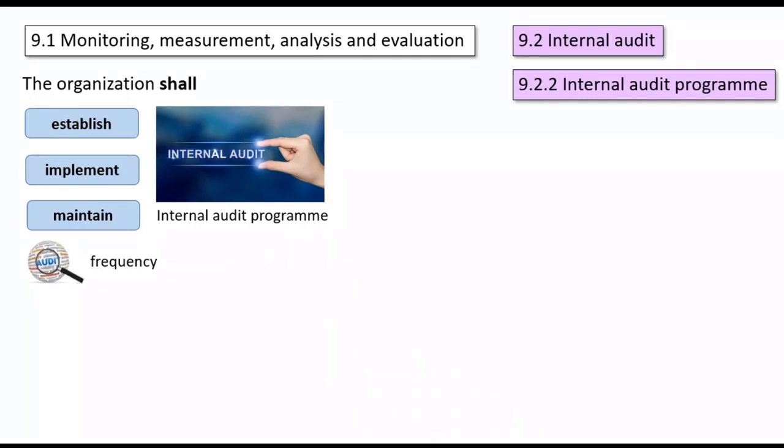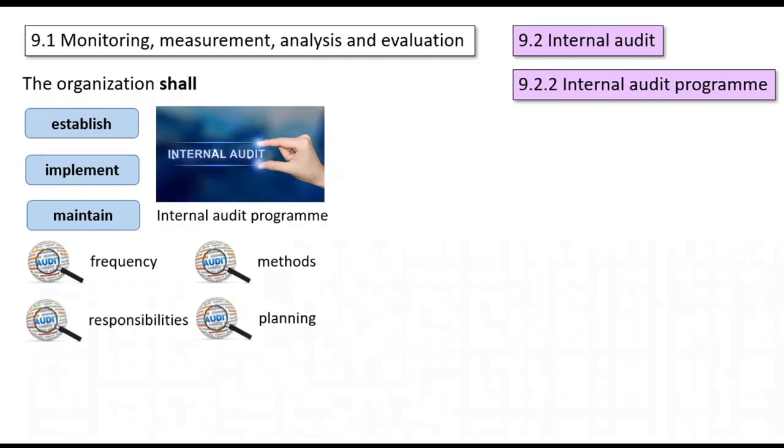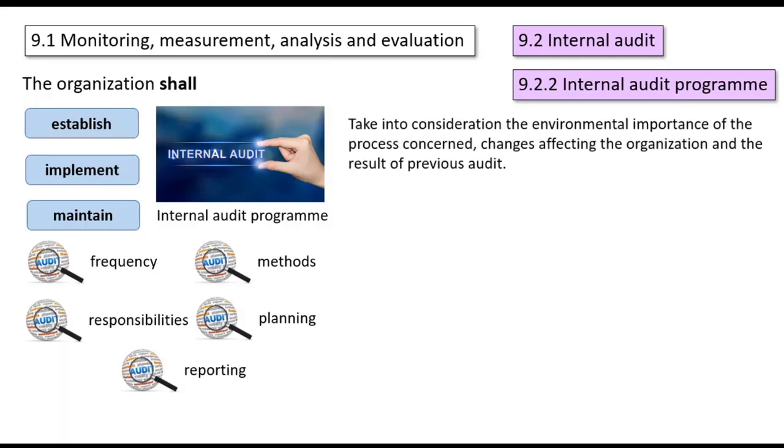Okay, that you have a frequency. It's not one-time activity. More than one time. Okay, you need to identify the methods, who's the responsibility, and how you plan this internal audit. Okay, and how to report.